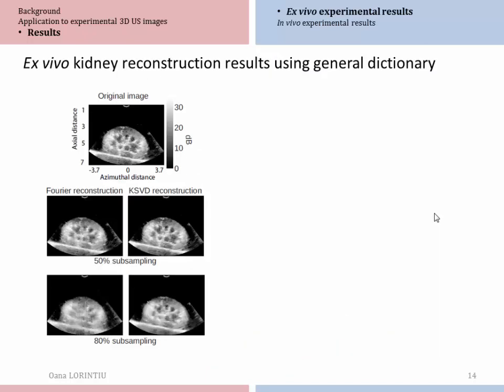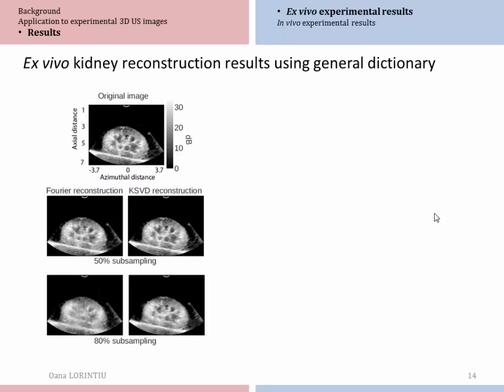So if you look at the reconstructed images, for example, this is an image of the kidney volume of only one side. So here you have the Fourier reconstruction and the K-SVD reconstruction at 50% and 80% sampling. We can see that Fourier at 50% gives almost the same results as K-SVD at 80%, while with Fourier at 80%, we completely lose all the details inside the volume.